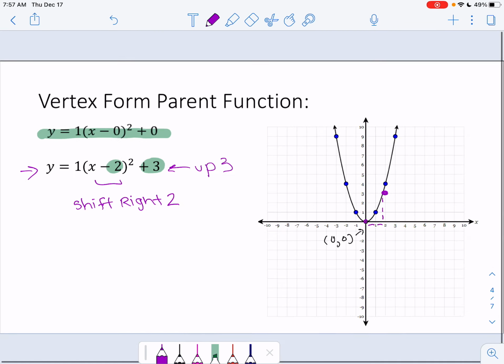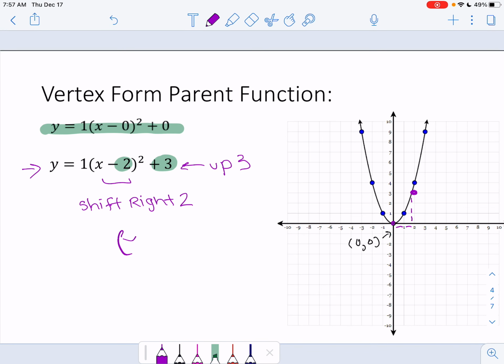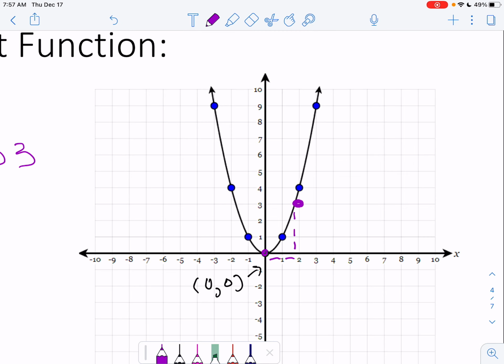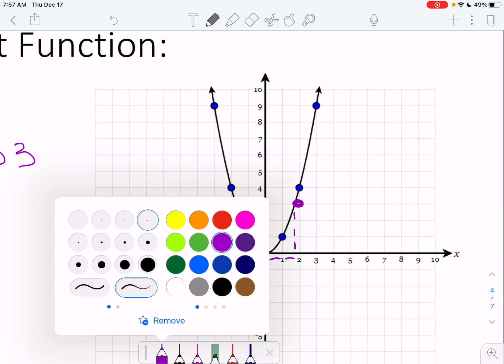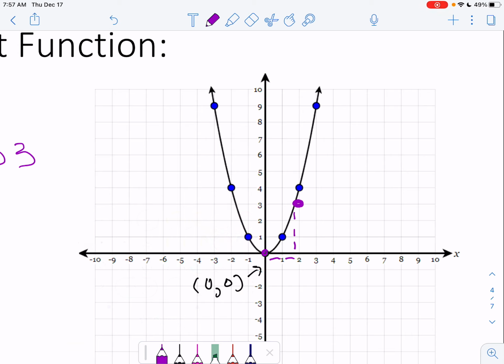My new vertex is at 2, 3. I'm going to clean that up. So let's go ahead and graph the rest of the points. You're going to shift all of them right 2, up 3.